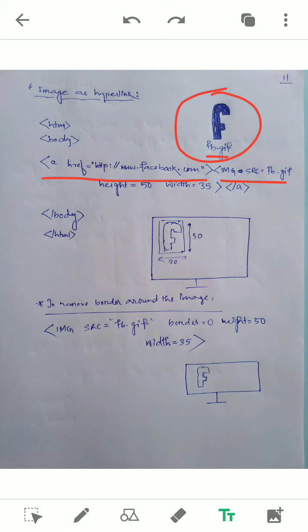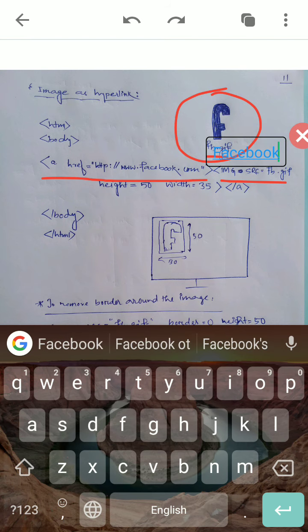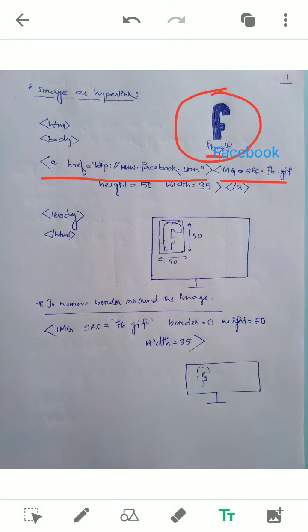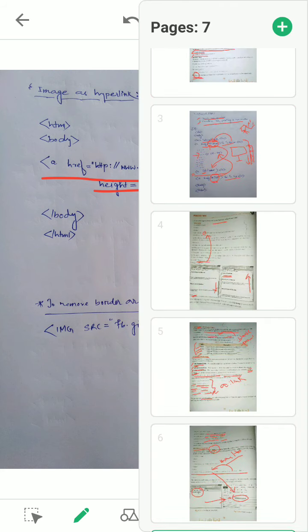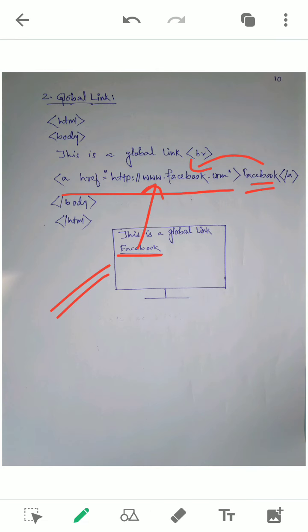Here, in this portion, Facebook was written instead of the image. So if we insert an image, this image will display in place of the text. Previously, in the global link that I showed you, Facebook was displayed because you wrote text, and in the syntax it was mentioned either text or graphics.